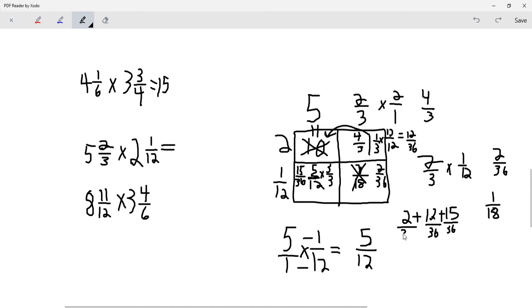So that would be 2 plus 12 is 14, plus 15 would be 29 over 36, and then we have 11. So the answer should be 11 and 29/36.